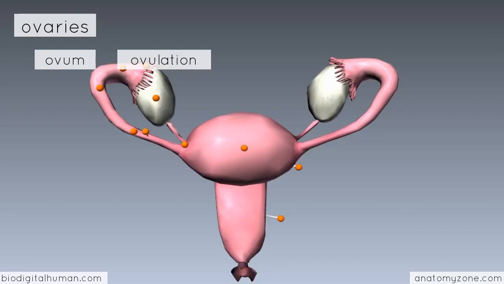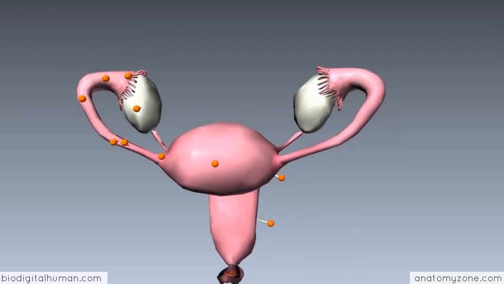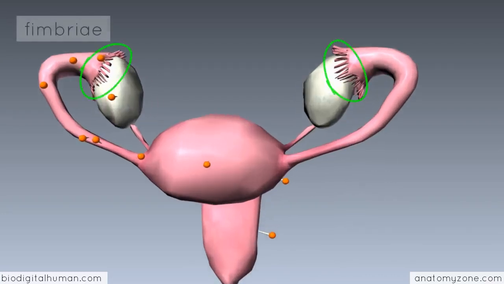The ovaries are actually suspended in the peritoneal cavity by several ligaments, and I won't talk about these here, but it's important to know that the ovaries are intraperitoneal and they release the egg into the peritoneal cavity. And what happens is that the fallopian tubes have these finger-like projections distally, which are known as fimbriae.